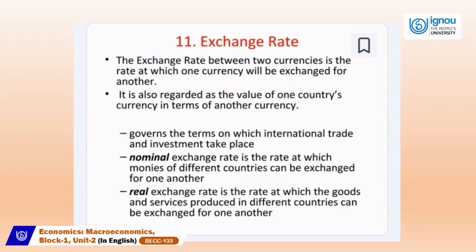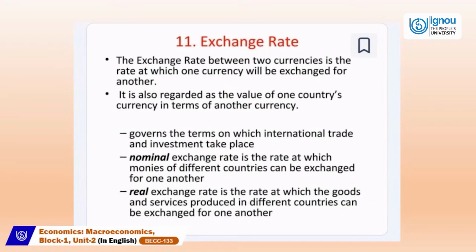When a firm of any country produces goods and services for different countries and the currency gets exchanged, then the real exchange rate will apply in that situation. Otherwise, a nominal exchange rate would exist.